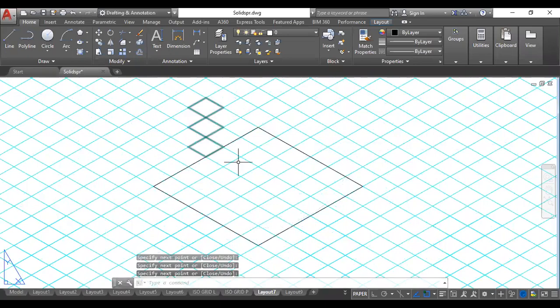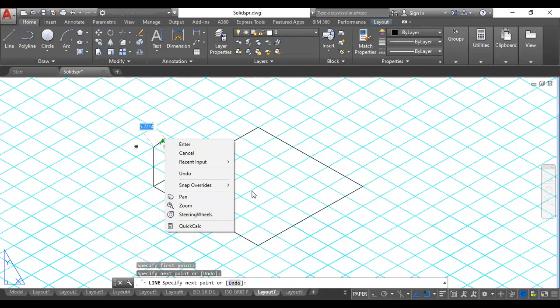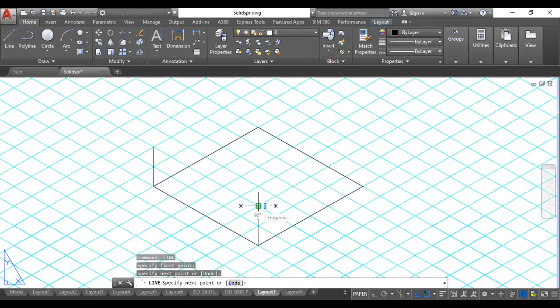So this is a block with a 60 by 60 base. Thickness is 20, so from each corner 20 above. So from here again 20, and from this edge also 20, and again from this edge also 20. Then you will join all the top faces one by one.